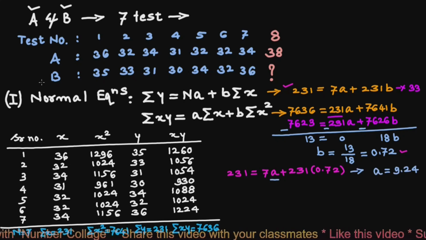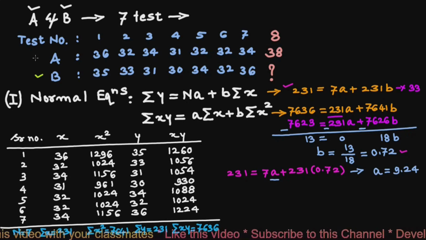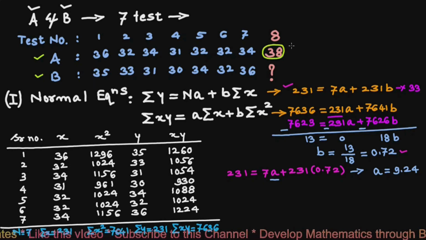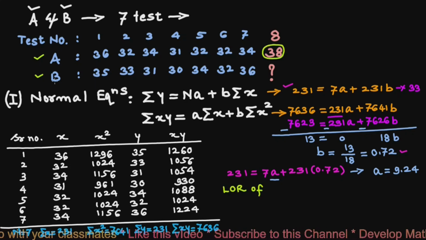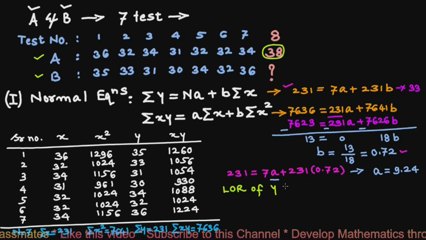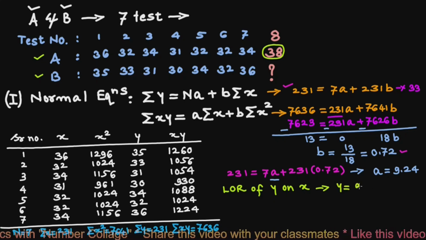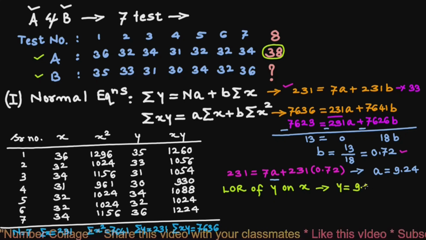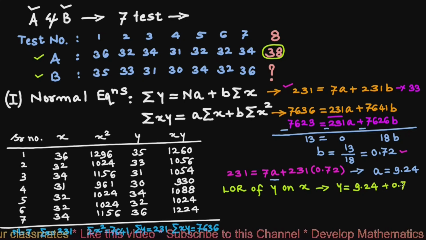Here we have to find the marks obtained by B when the marks obtained by A is 38. So we will use the line of regression of B on A, that is y on x, which is y equals a, that is 9.24, plus b, that is 0.72 x.